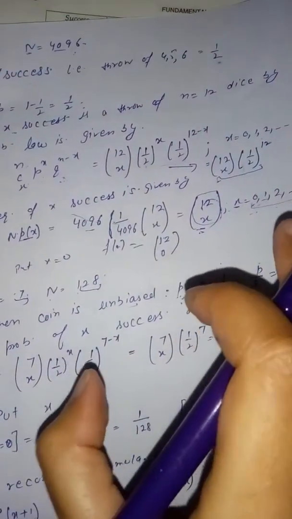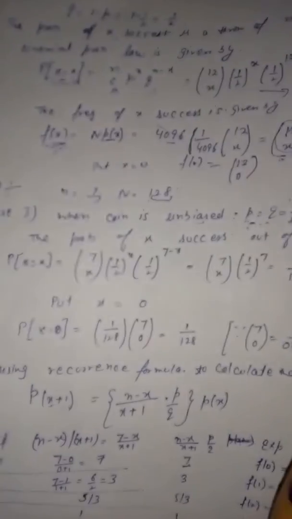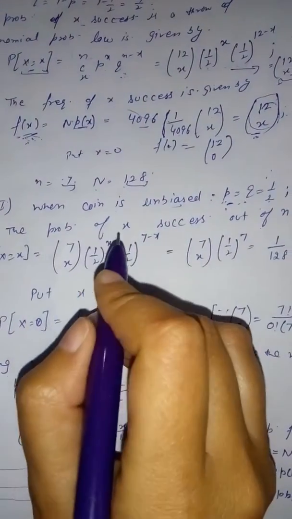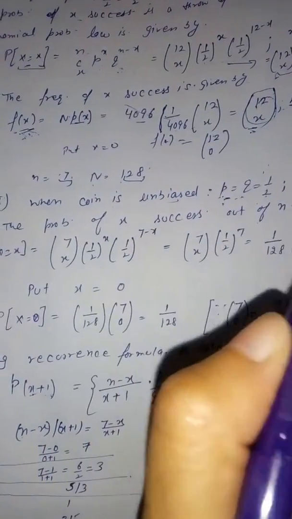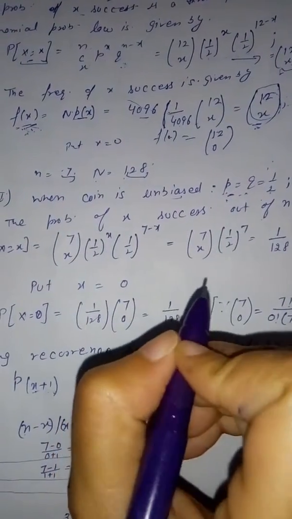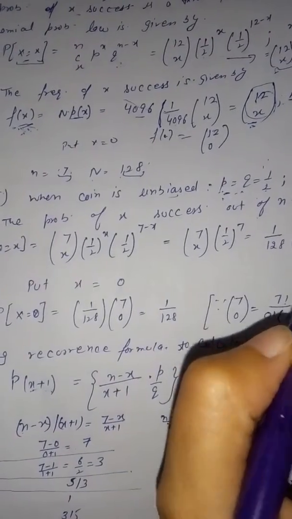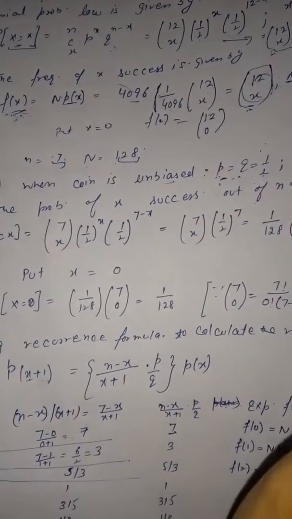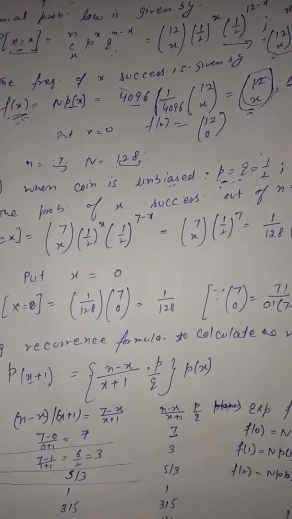That means we find fx, and fx is equal to n into px for x equal to 0, 1, 2 up to 7. So we find p0, p1, p2, p3, then after that we find f0, f1, f2 and so on up to f7.